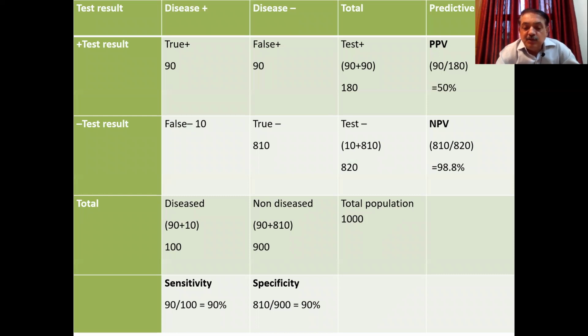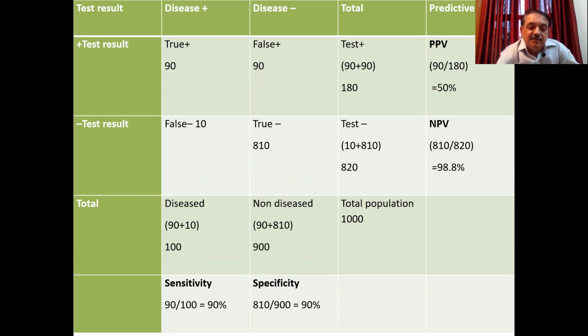First of all, let me tell you that the total population we have taken is 1000 and the prevalence is 10%. If total population is 1000 and prevalence is 10%, that means the diseased people, 10%, is 100. You can see the total in the third row, at the start, diseased people are 100.